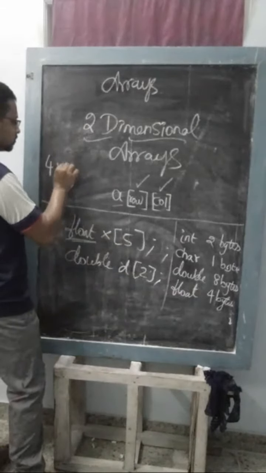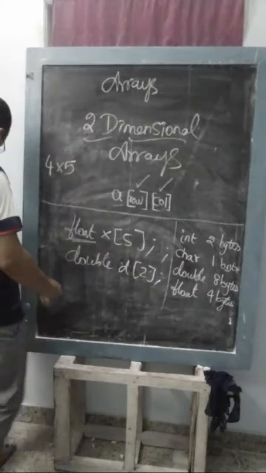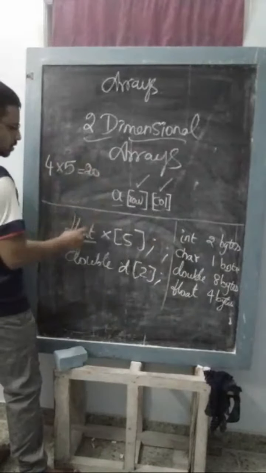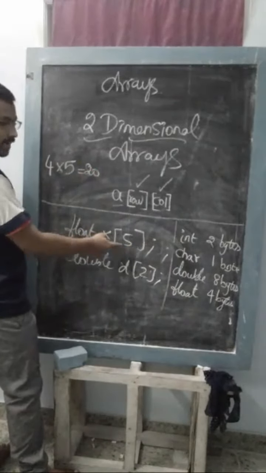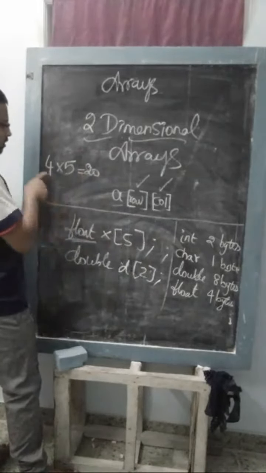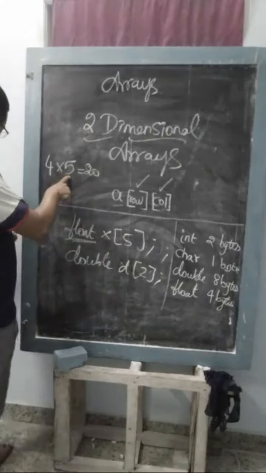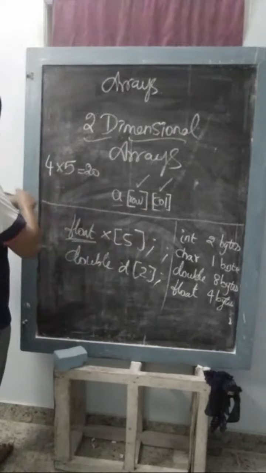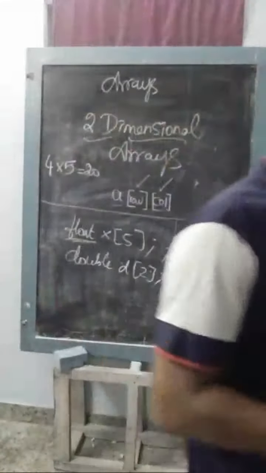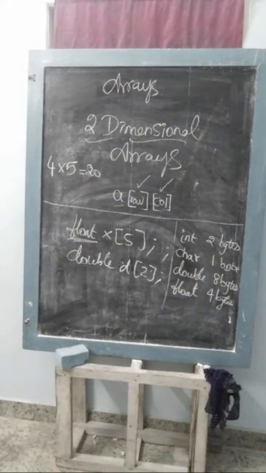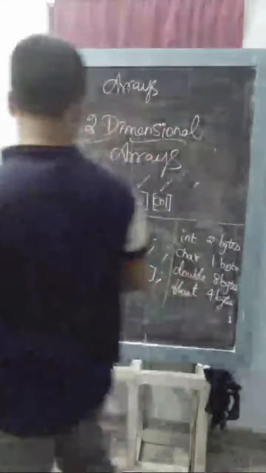That is 5. 4 fives are 20. 20 is the size of the array, because float consists of 4 bytes and there are 5 elements in the array.